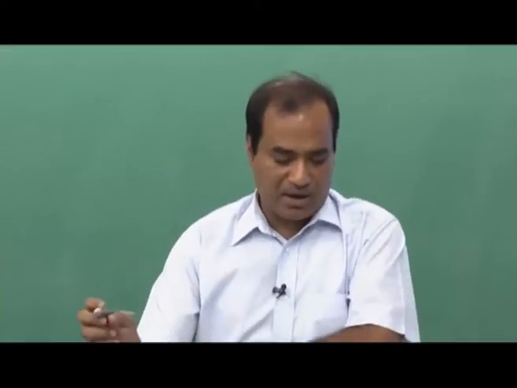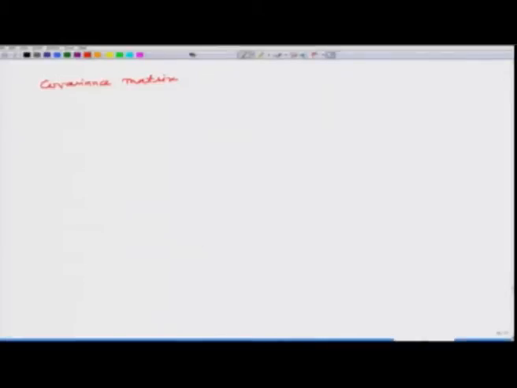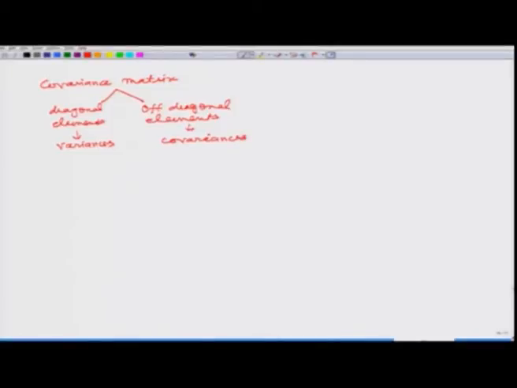So, when we are trying to talk about the covariance matrix, this covariance matrix has two types of elements, diagonal elements and off diagonal elements. The diagonal elements give us an idea of the variances and off diagonal elements give us an idea of the covariances.